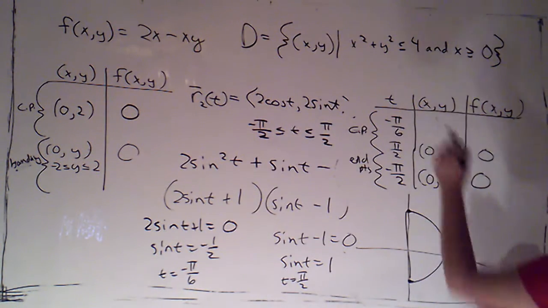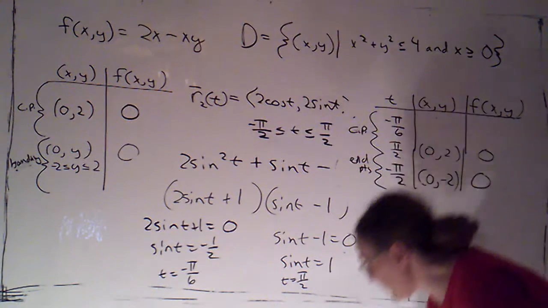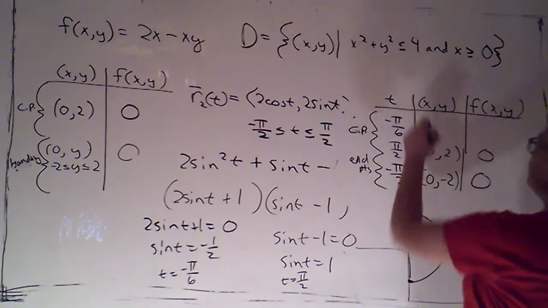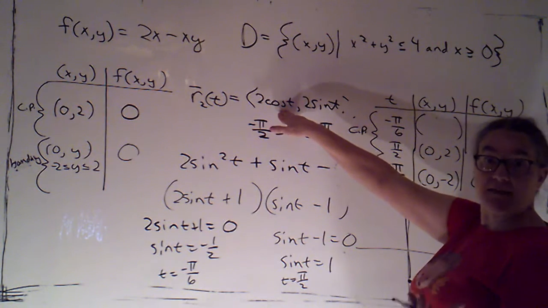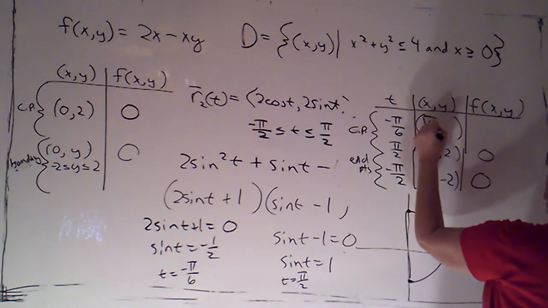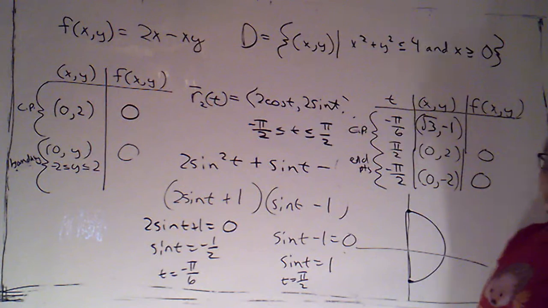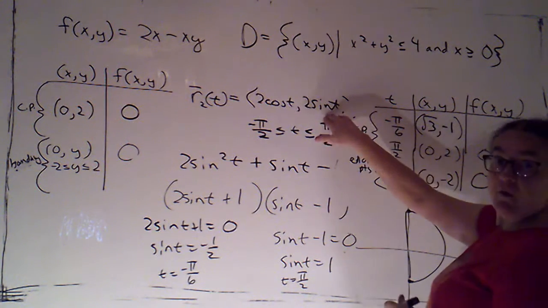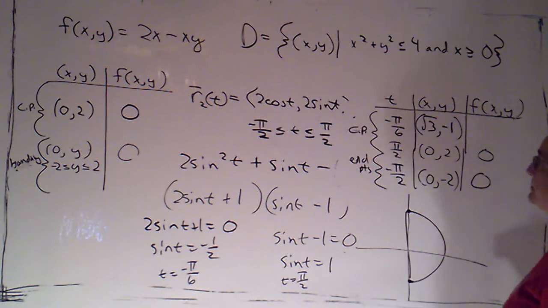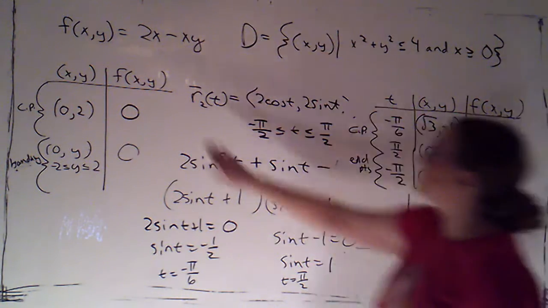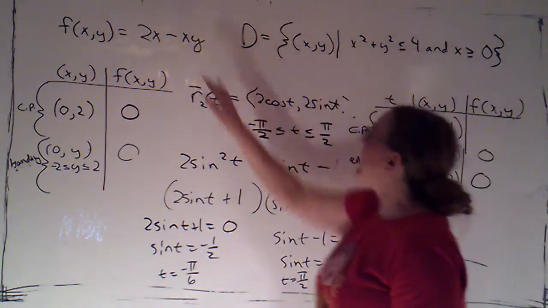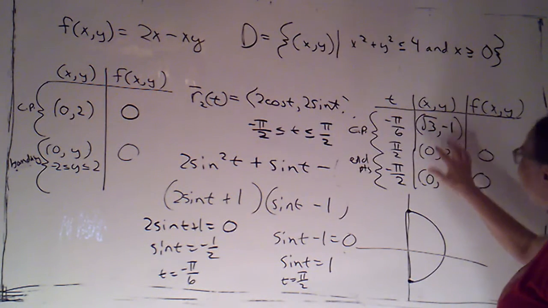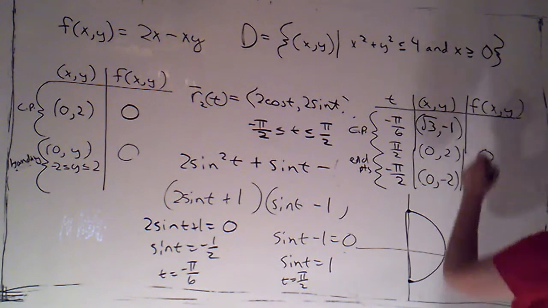Okay, so at negative pi over 6, cosine of negative pi over 6 is positive root 3 over 2, so x is just root 3. And then my y value is 2 times negative 1/2, which is negative 1. If I plug that in, 2x is 2 root 3, minus xy is minus a negative root 3, so that's another root 3.